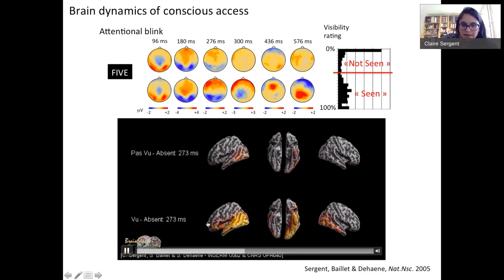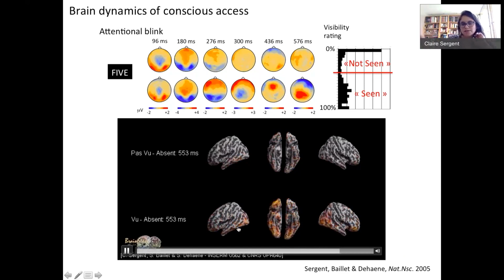And we see that in the late period, we have a succession of activations that take many areas of the brain when people said that they've seen the stimulus, frontal, and you see temporal reactivations.